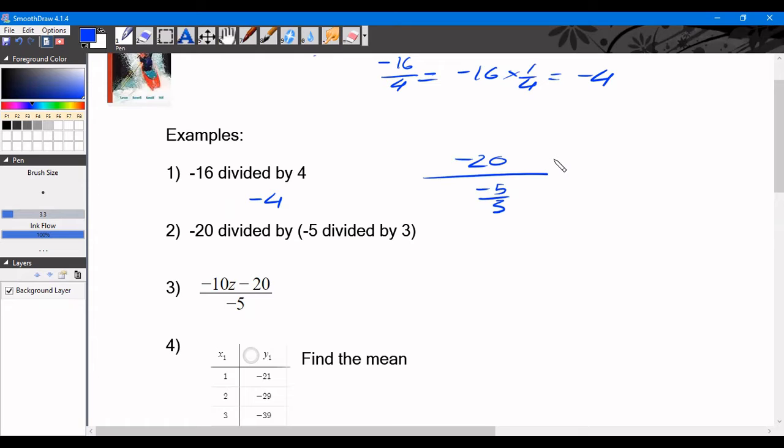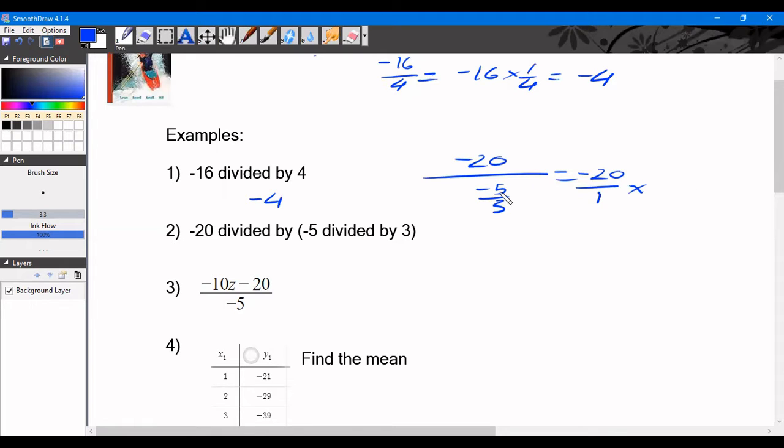But the easiest way for you to solve this is for you to realize that the negative 20 can be rewritten as a fraction as negative 20 over 1. And when you divide a number, you're really just taking the reciprocal of that number.